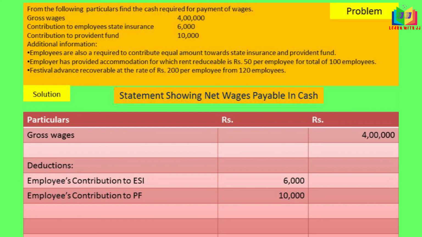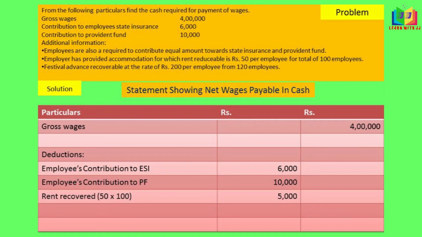The next one is employer has provided accommodation for which rent recoverable is 50 per employee for total of 100 employees. So we have to subtract the rent because the accommodation is provided by the employer for 100 employees. So 100 into 50 will get 5,000.